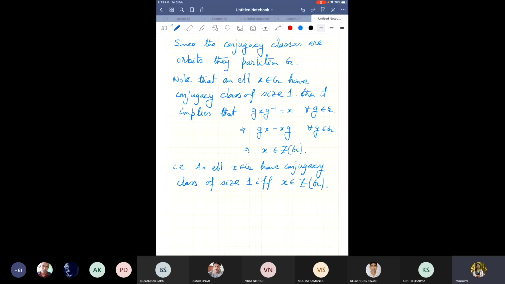So if an element is in the center, then its conjugacy class will be of size 1, and conversely, if the conjugacy class size is 1, then that element has to be in the center. Is it fine?